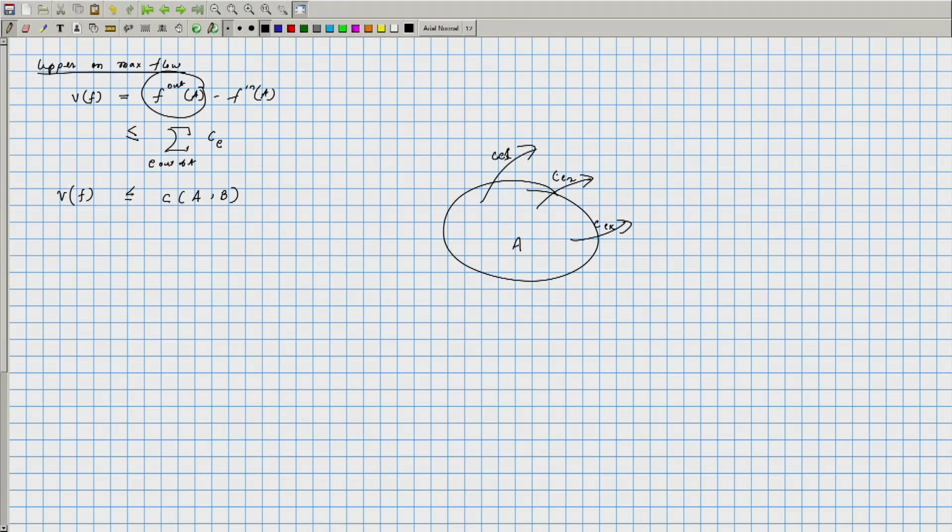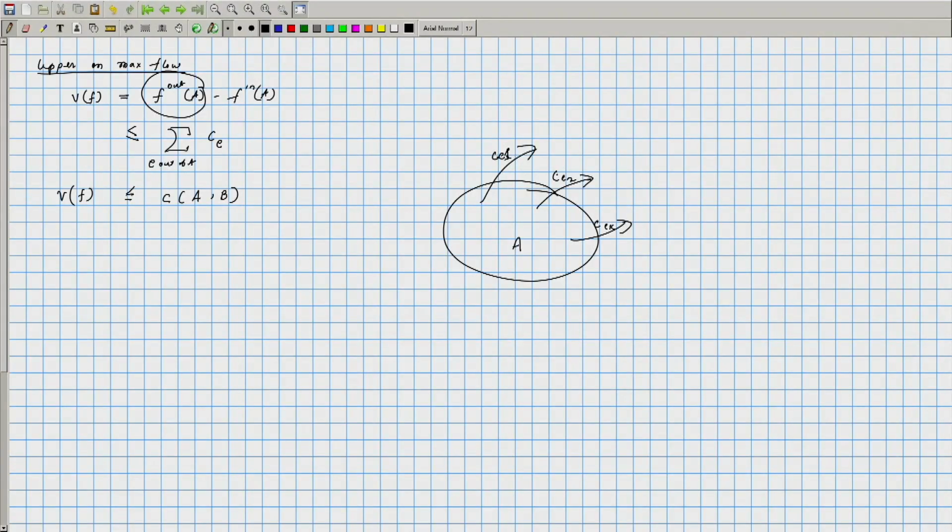What we will later on see is that there will be a flow such that it matches the size of the cut. For any capacitated network, we can find a flow such that the value of that flow is equal to the capacity of some particular cut, and that would be the max flow min cut theorem.